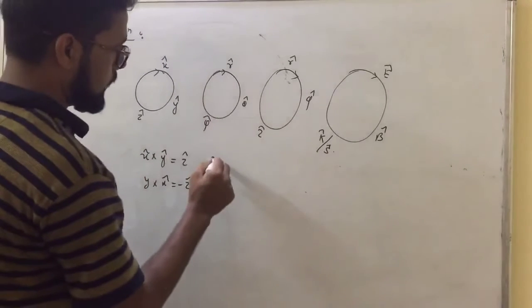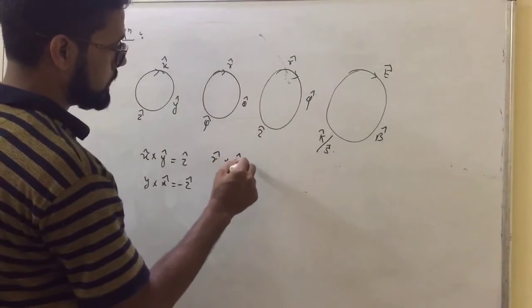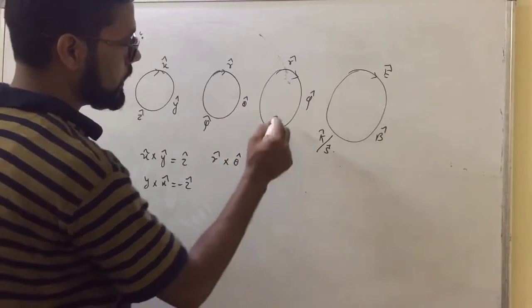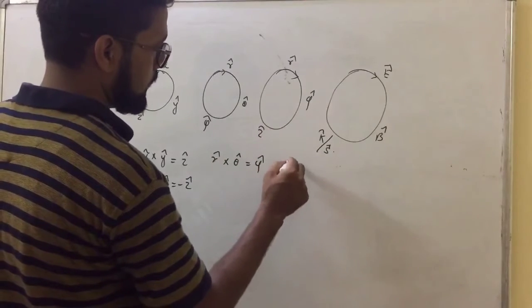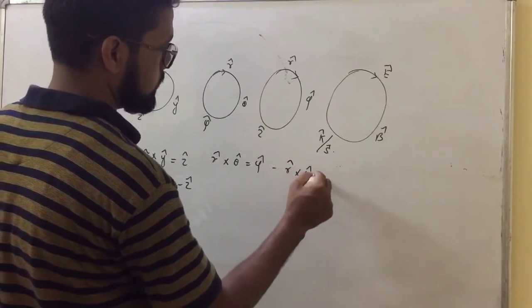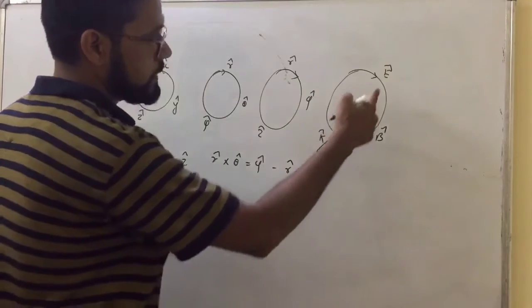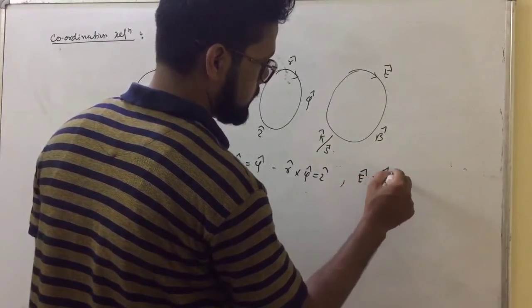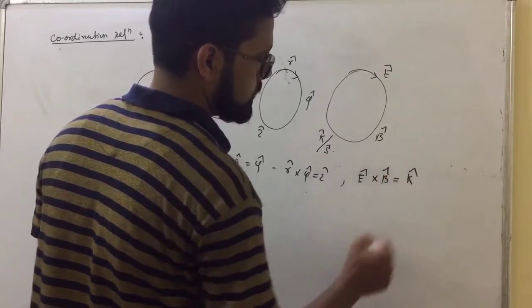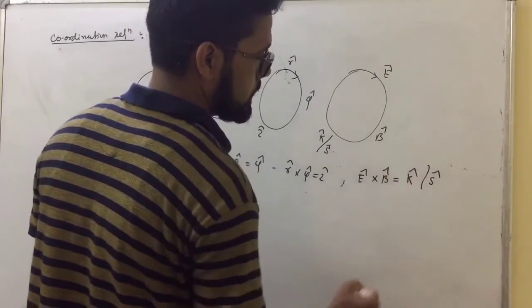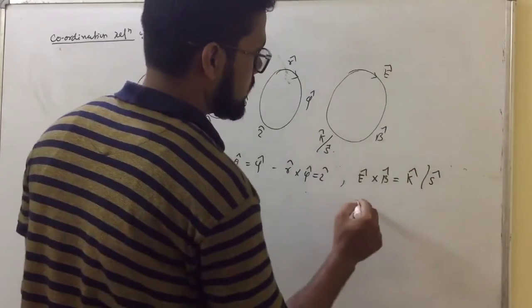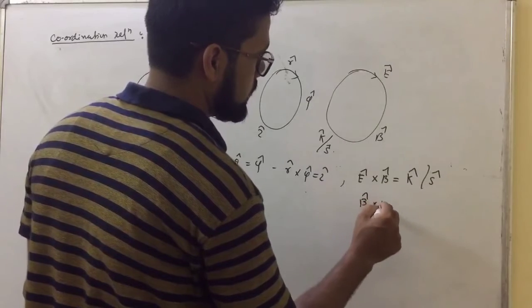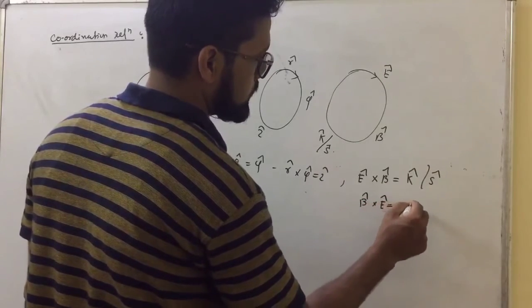Similarly, r cap into theta cap equal to phi cap, and r cap into phi cap equal to z cap. Similarly, the electric field unit vector E cap into B cap equal to k cap, or s cap. If we take the anti-clockwise direction, B cap into E cap equal to minus k cap.